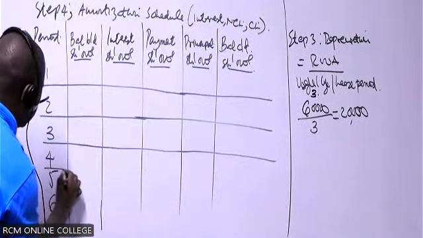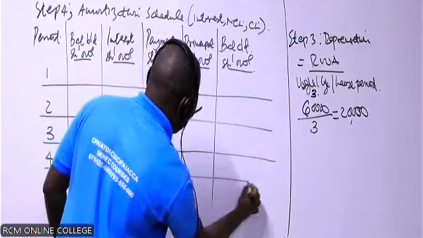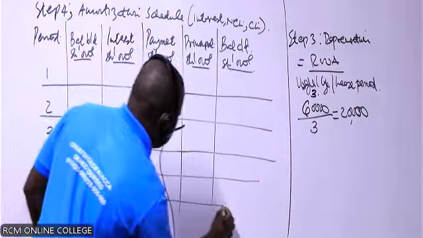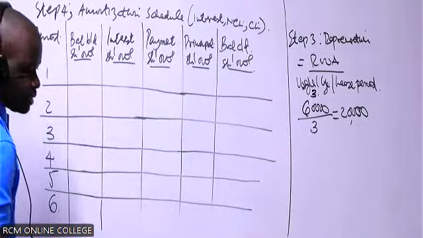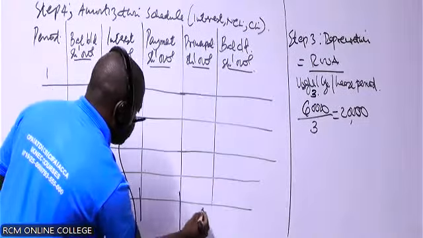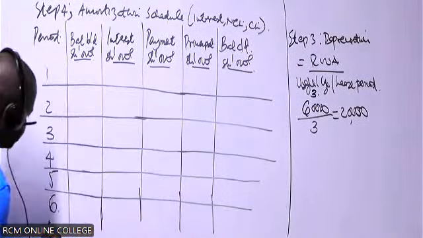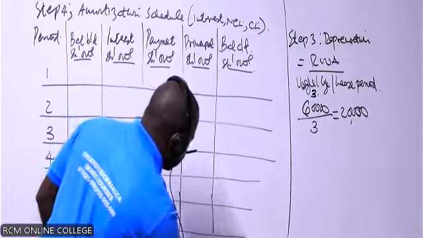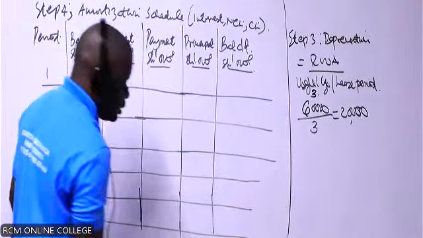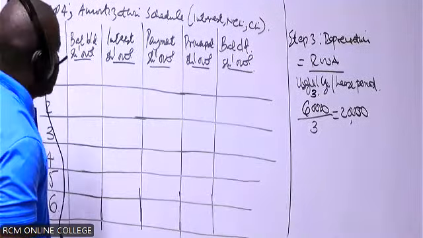You have the last bit there you're not able to see, but I'll adjust so you can see the last bit for the last period. 6 periods, not 6 years, but 6 periods.